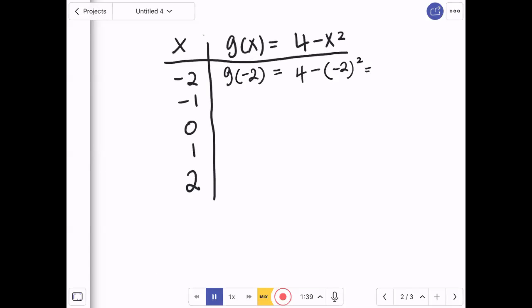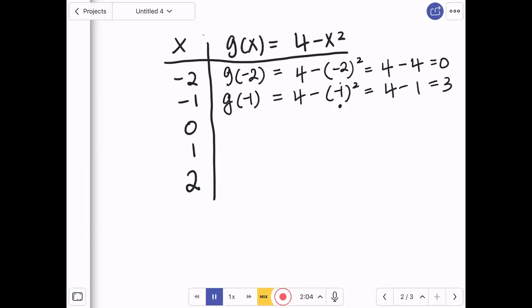Simplifying, -2 squared is 4, so it becomes 0. Now we find g of -1. So 4 minus -1 squared, and -1 squared is 1, which gives 3.